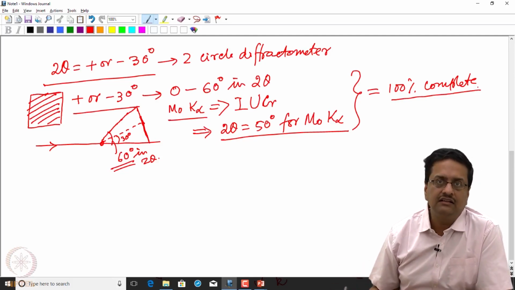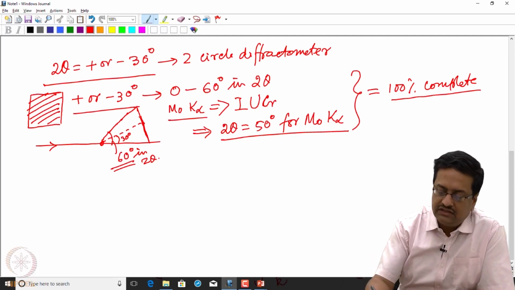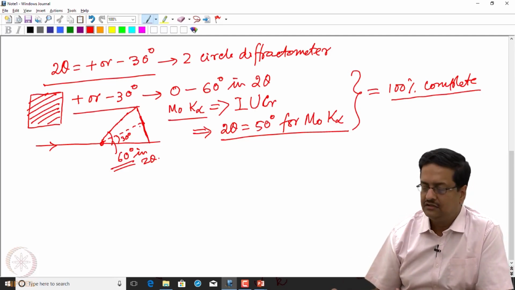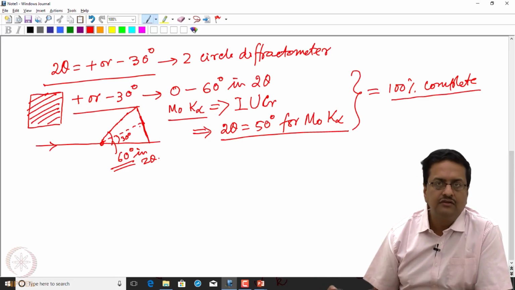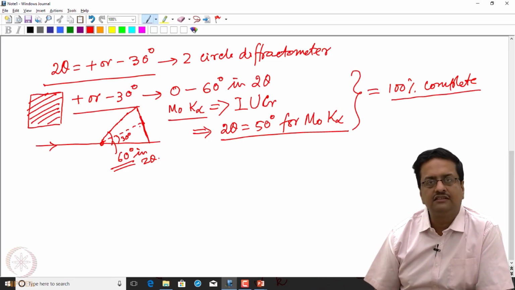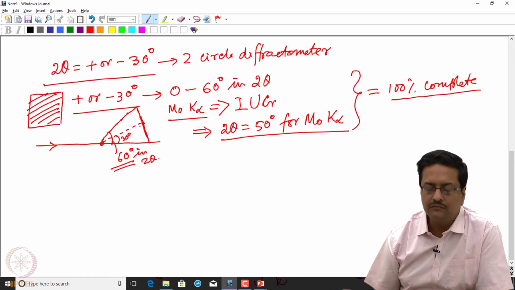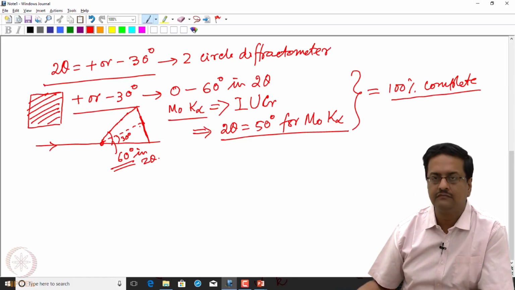What are the disadvantages? Since we cannot change the detector position, we cannot record any high angle X-ray diffraction data. So only routine analysis can be done using this 2-circle diffractometer.